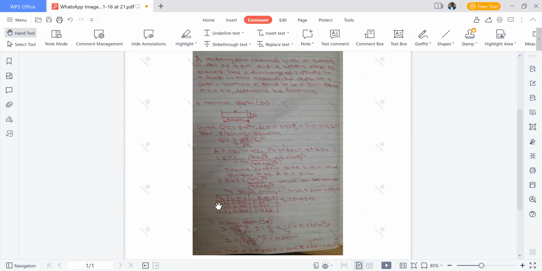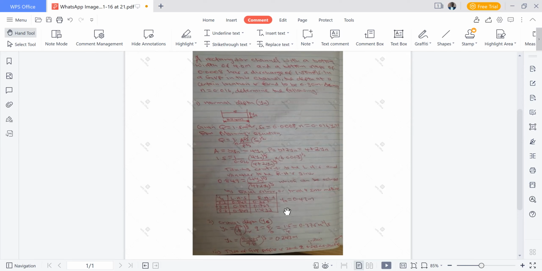So it means automatically the value of yn lies between 0.4 and 0.6 meter. After computing, I found out that a yn of 0.43 meter makes the right-hand side equivalent to 0.849, which is the left-hand side. So our normal depth is 0.43 meter. This is by trial and error method.